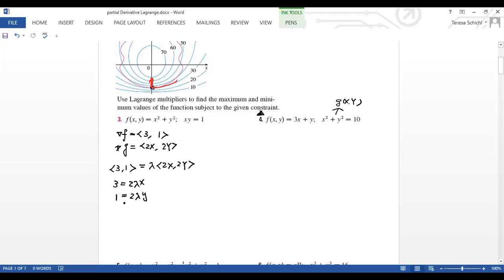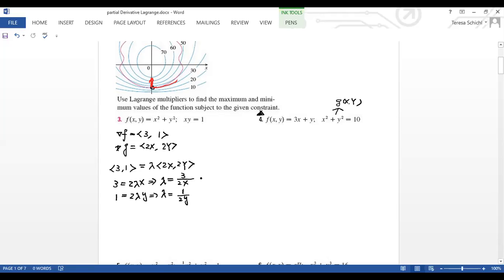Dividing by 2x on both sides, lambda is equal to 3 over 2x. In the same way, lambda is equal to 1 over 2y.